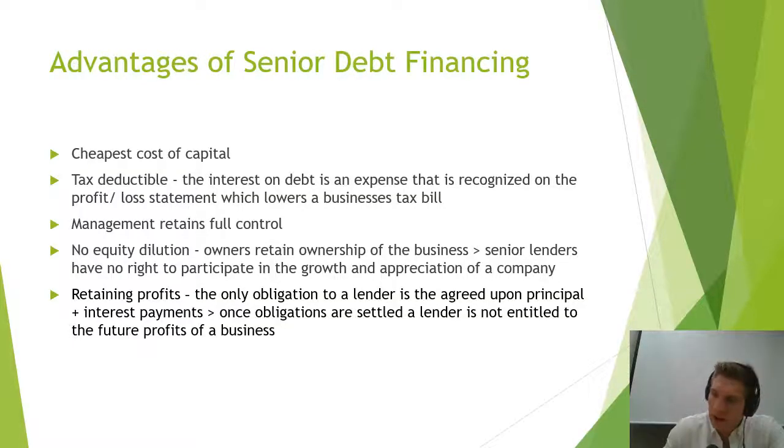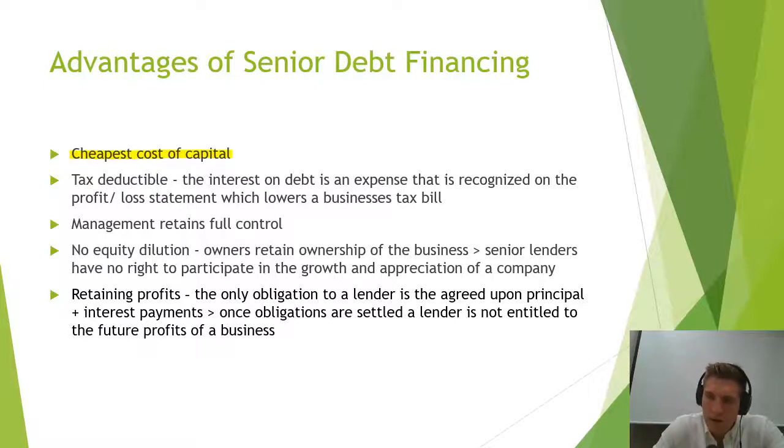So in the previous slide, we went over the main characteristics of each type of financing. But what are the main advantages of senior debt? So let's begin with the first bullet point. First off, senior debt is the cheapest cost of capital.